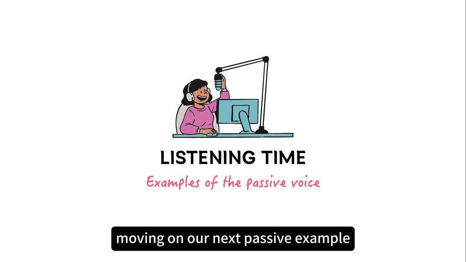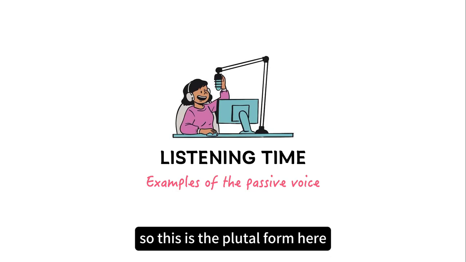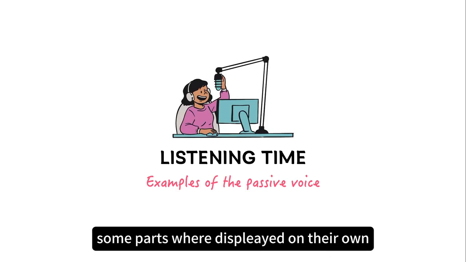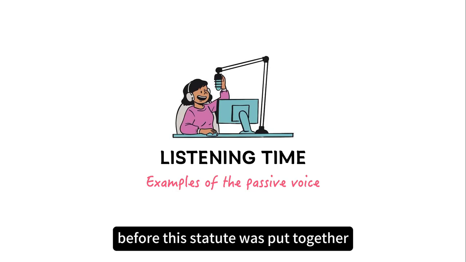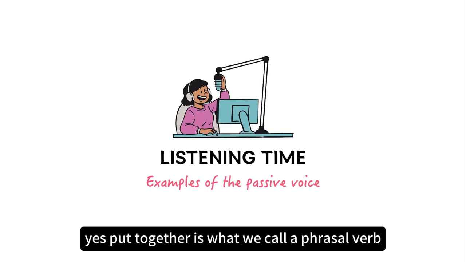Moving on, our next passive example, some parts were displayed on their own. So this is the plural form here. Some parts were displayed on their own before the statue was put together. And that's an interesting verb. Yes, put together is what we call a phrasal verb.